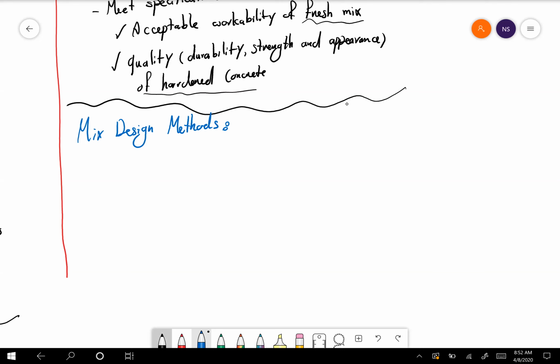There's a traditional method that people use when they don't have access to a professional mix design system, or to an engineer to mix the concrete or to provide the mix design proportioning.